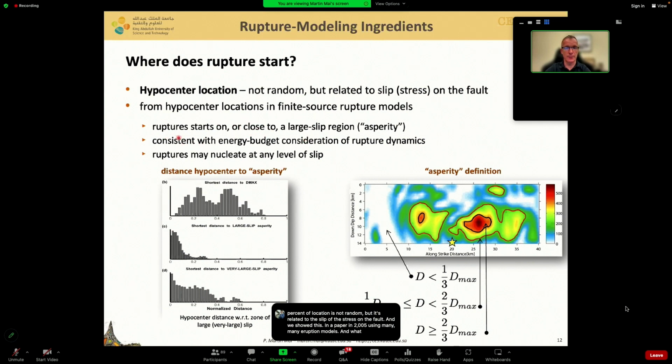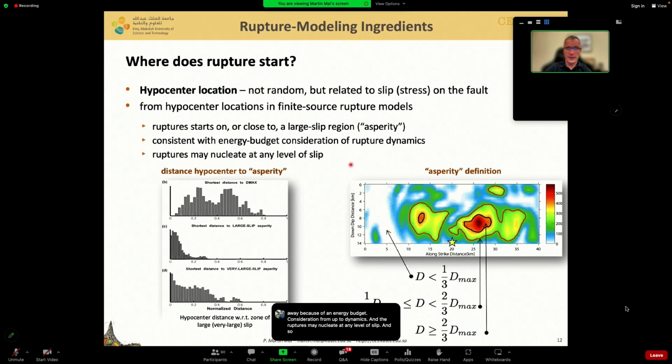What we find is that rupture starts on or close to a large slip region, an asperity, but it cannot start very far away because of an energy budget consideration from rupture dynamics. And ruptures may nucleate at any level of slip.